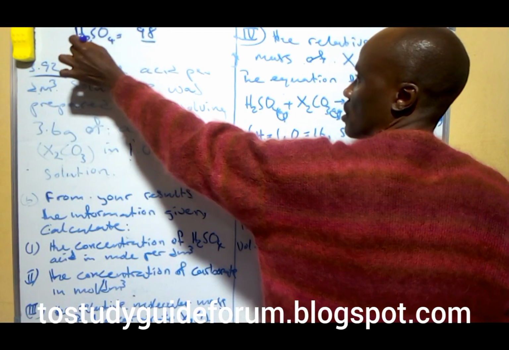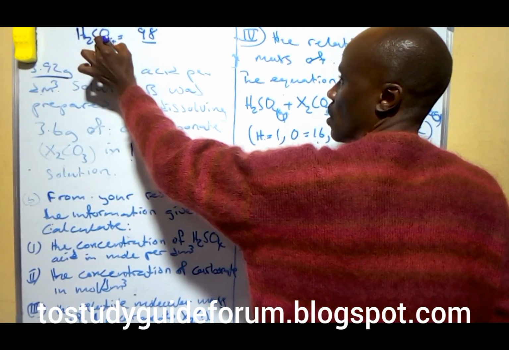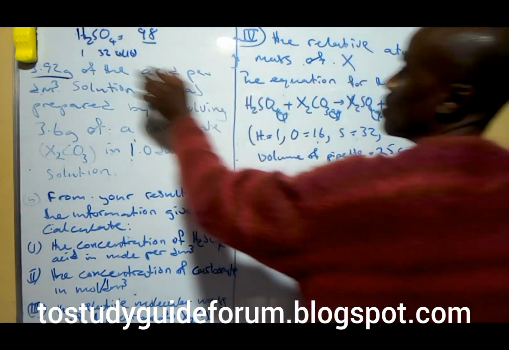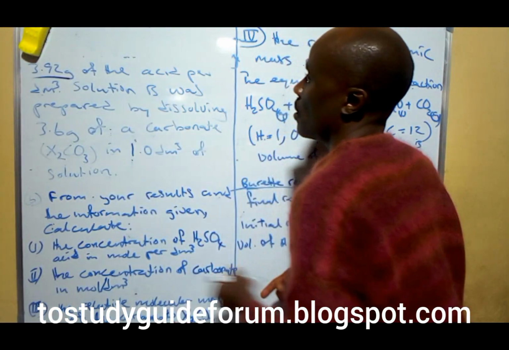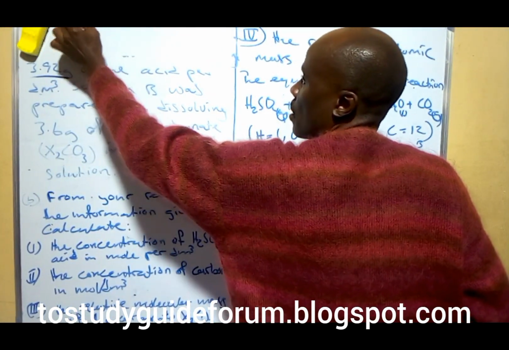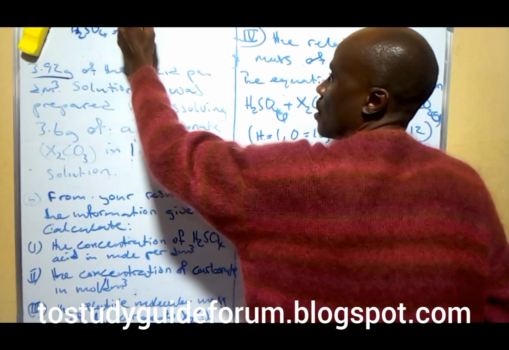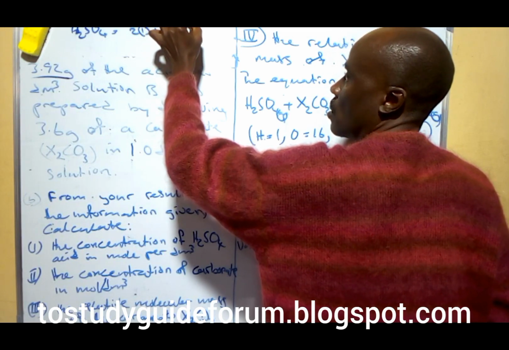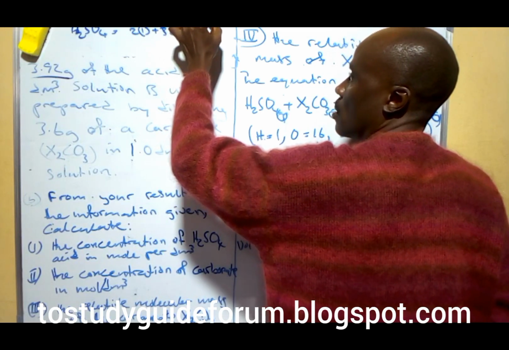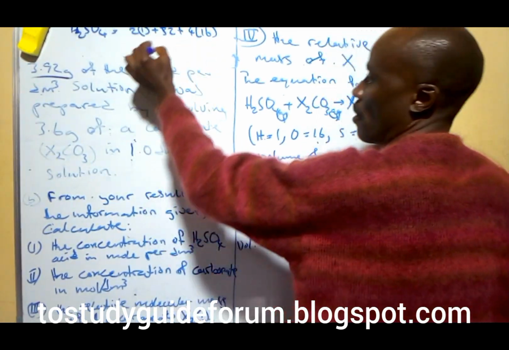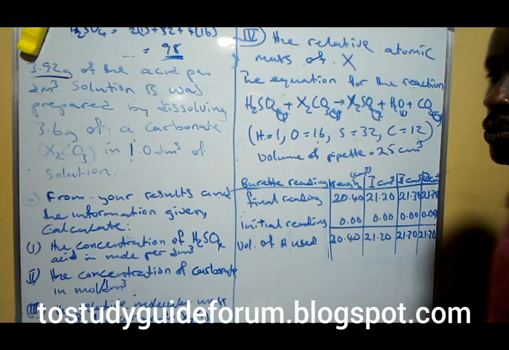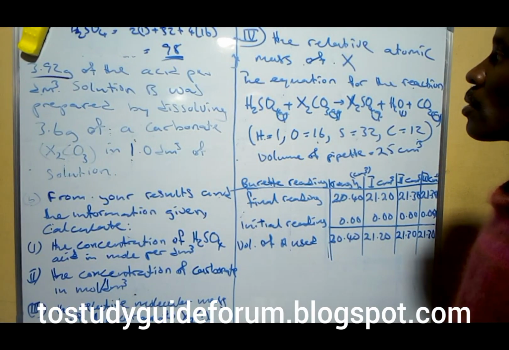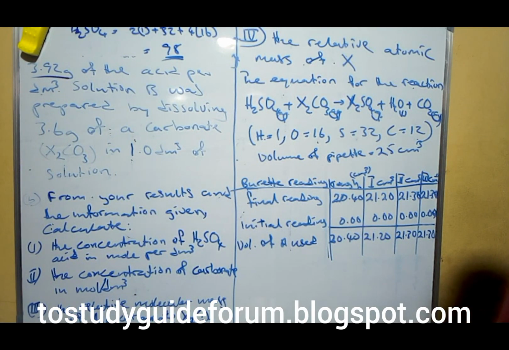This is 2 times 1, then 32, and then 4 times 16. When you sum up all this, you notice that what you have is 98. So that is the molar mass, or relative molecular mass, of the acid.